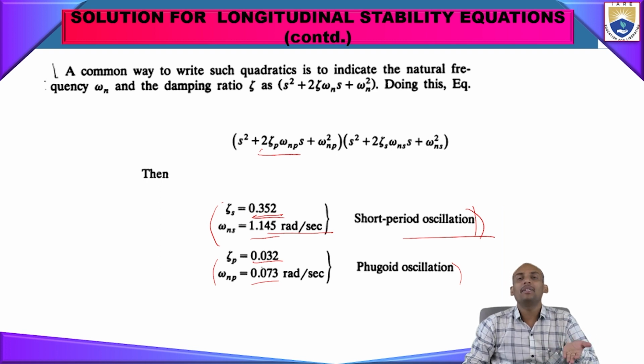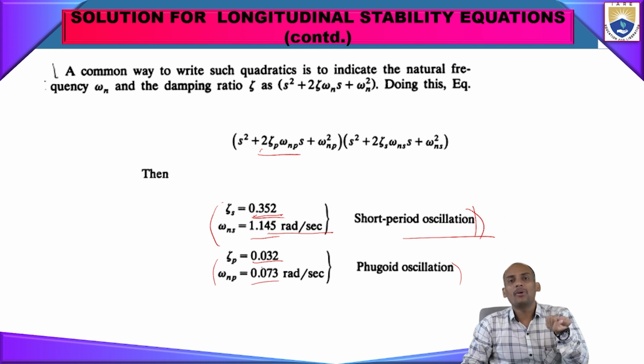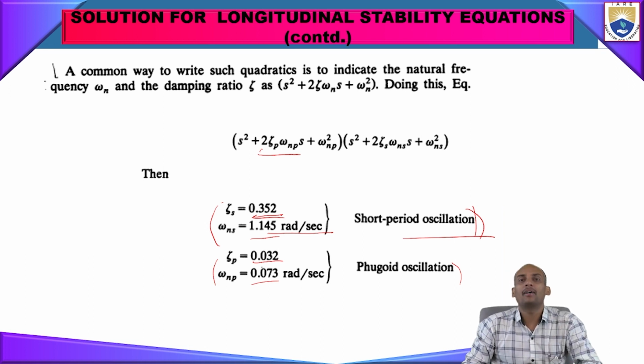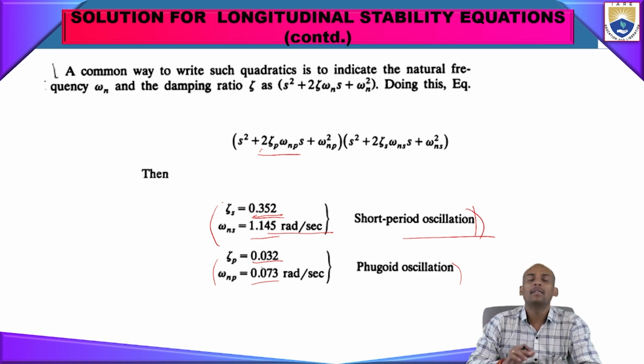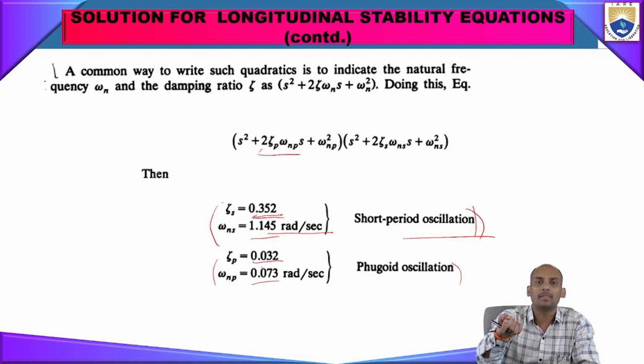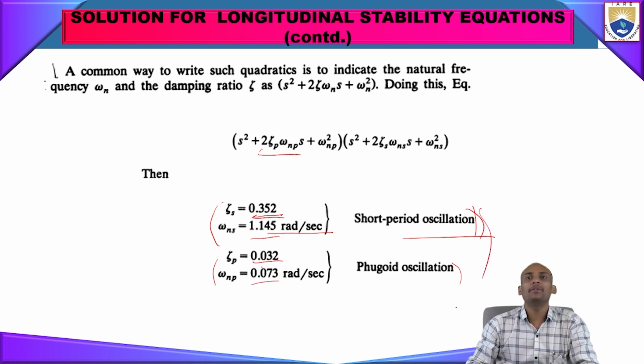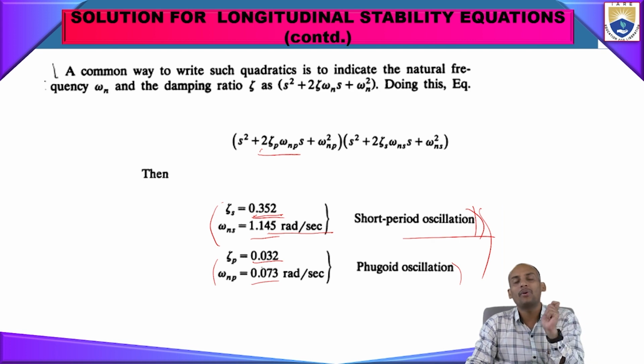These values are significant because if you want to find the frequency response for a small control stick input, given the aircraft speed and its stability derivative conditions, you will get values like that. When you give a small perturbation in the control system, you will get a frequency response like this.